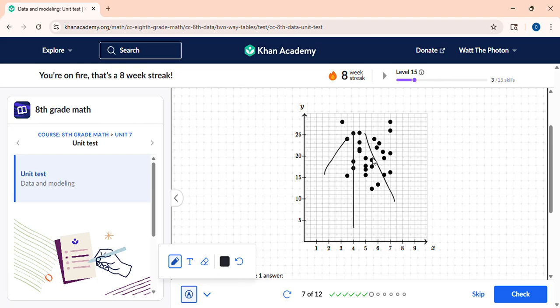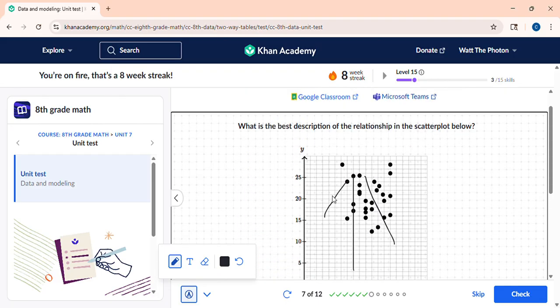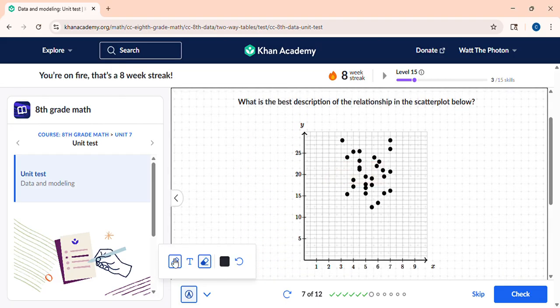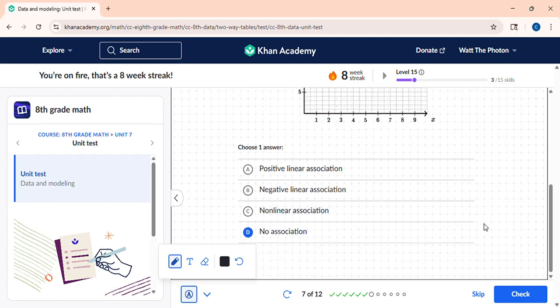What if it's a nonlinear association? But wouldn't that just mean it's parabolic? I think it would be. Or exponential. And not a linear association.